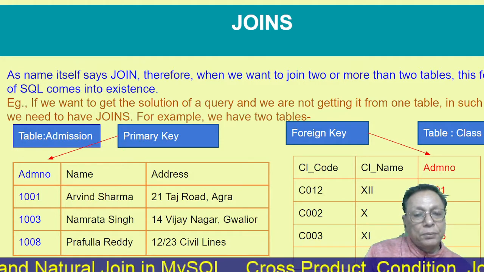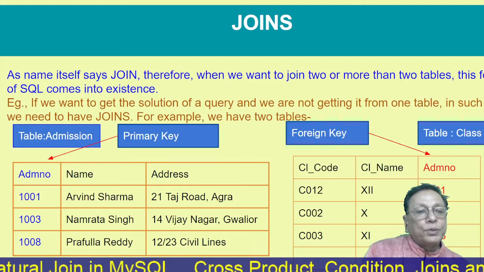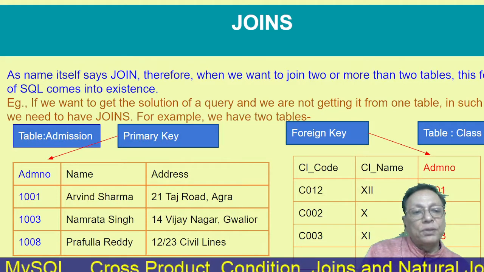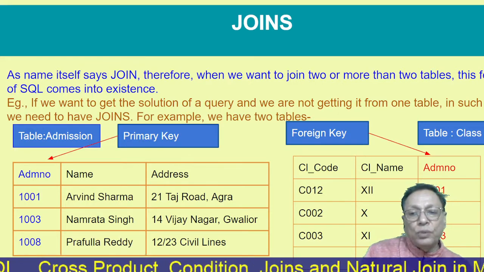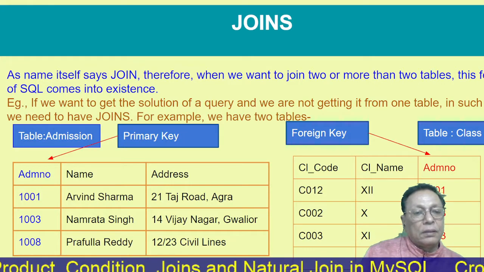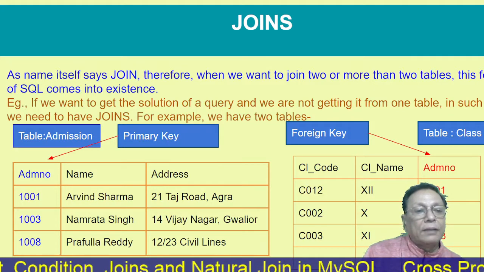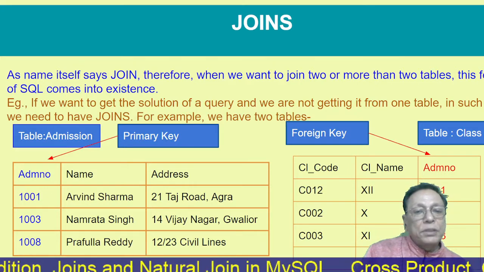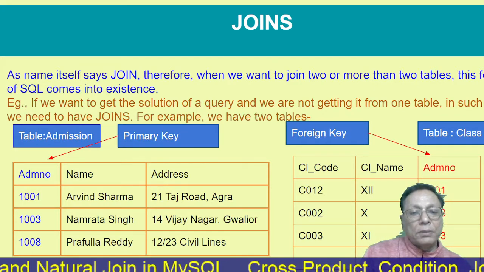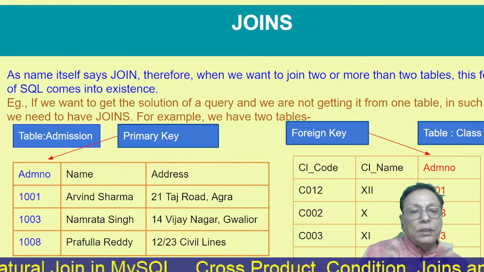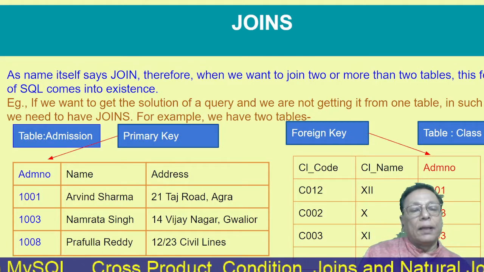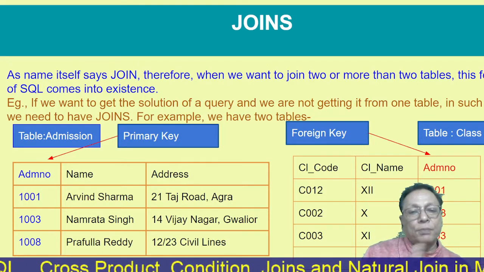I want to print the class as well as the name of the student from these two tables, but the class is in the class table and the name is in the admission table. So obviously we have to combine these two tables, and to combine them we'll have to apply cross product.